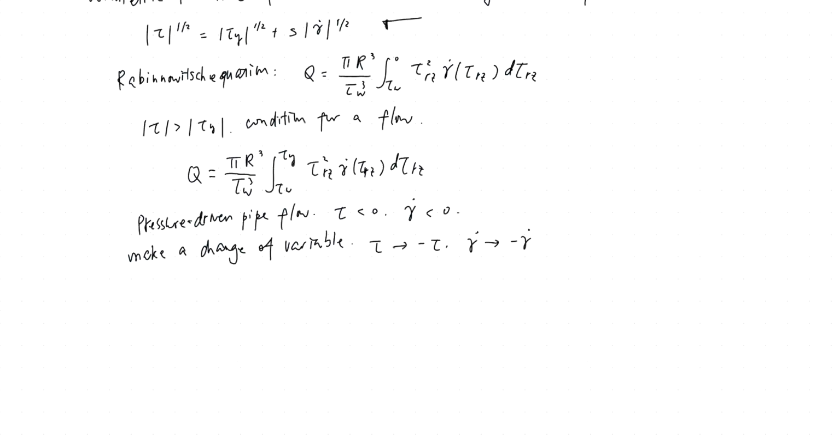That means if for every stress you put a negative sign, and for all the strain rate you also put a negative sign, your Q will look like this: minus pi r to the power of three, and then you put a negative sign on tau w, basically an absolute value.